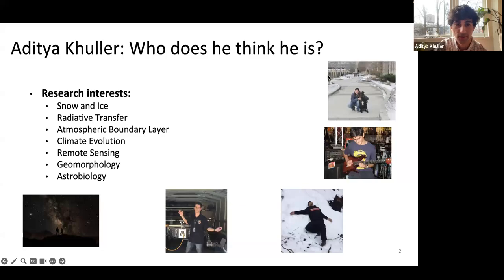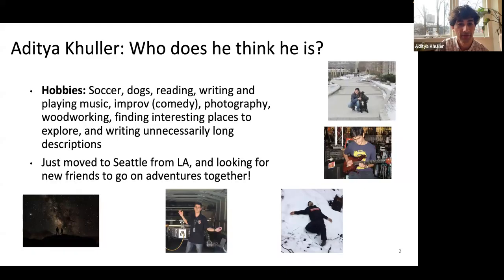Quick sort of informal introduction of myself. I do a bunch of things. My favorite thing I'd say is snow and ice and trying to figure out what's happening to it using radiative transfer, what's happening in the atmosphere near the surface, how the climate evolves, and then using data from satellites through remote sensing and analyzing what the features are on the planet, as well as if there are connections with life.